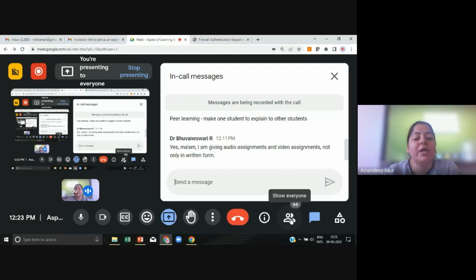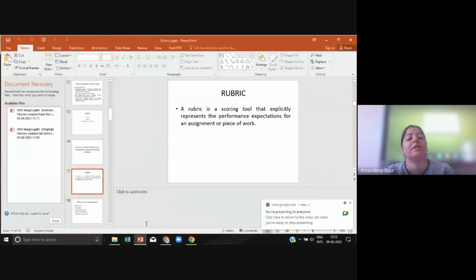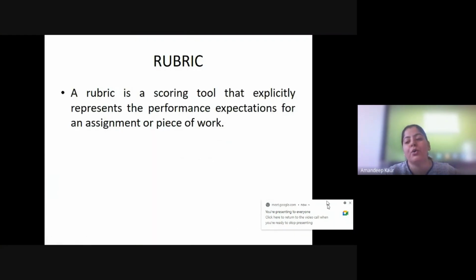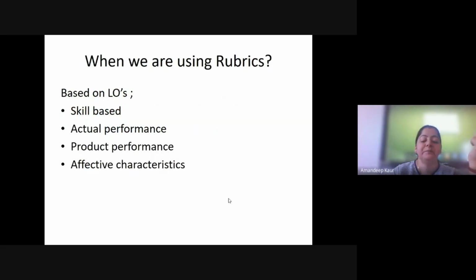So whenever we are defining different performance expectations, we need to critically analyze where my students need to grow. On that basis only we are going to define, or lay out, the activity specification as per the activity assigned to them.